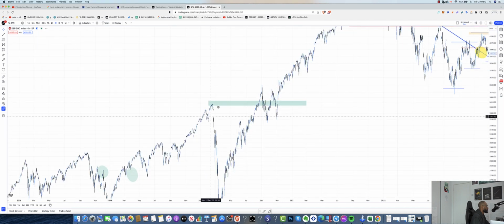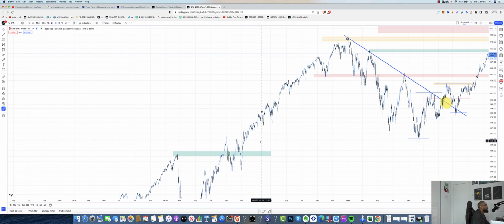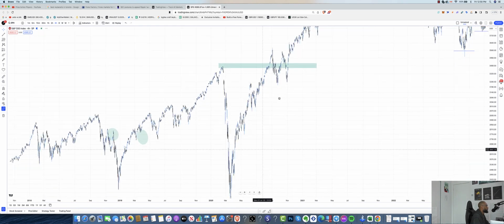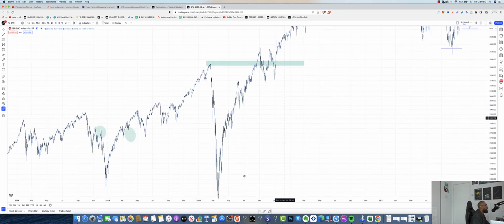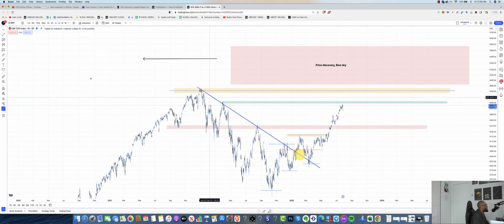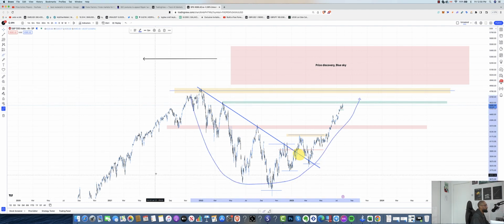We had this drop here in 2020, and then we went exponential after that, right? As we had this blue sky, even from the lows here, price went exponential. And a similar thing is going to happen with what we have right here.